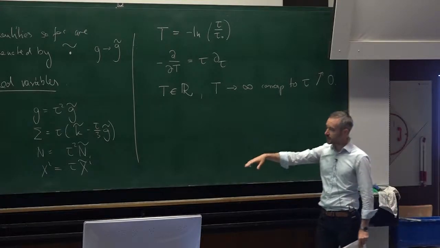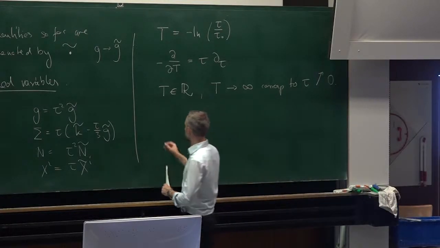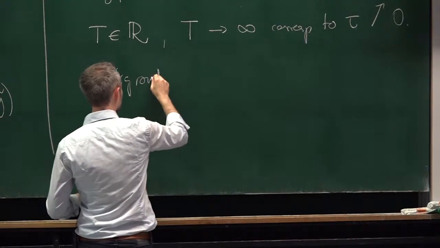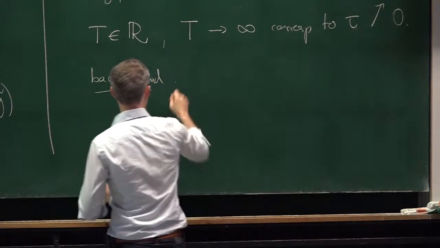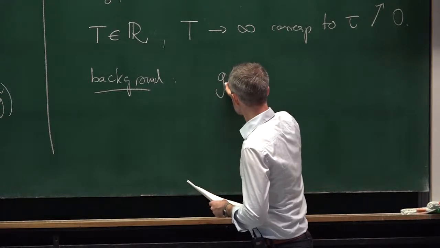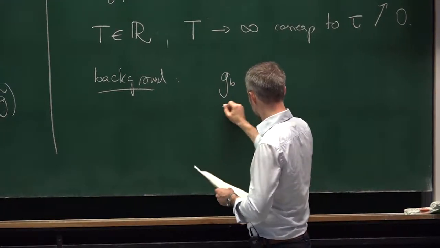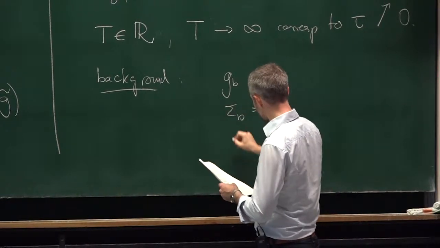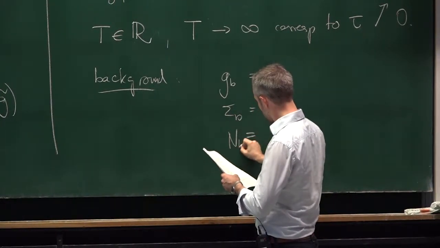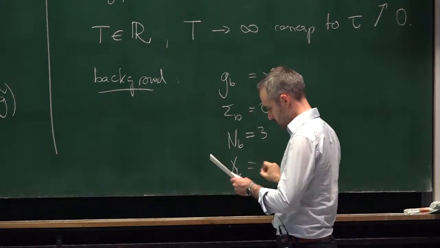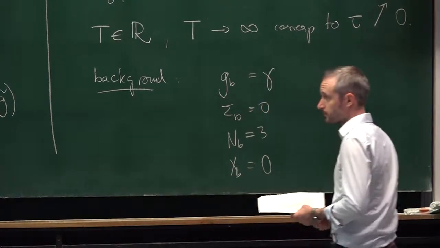And in this rescaled formalism, how does the background look now? So the rescaled G_B is gamma, sigma_B is 0, N_B is 3, and X_B is 0.